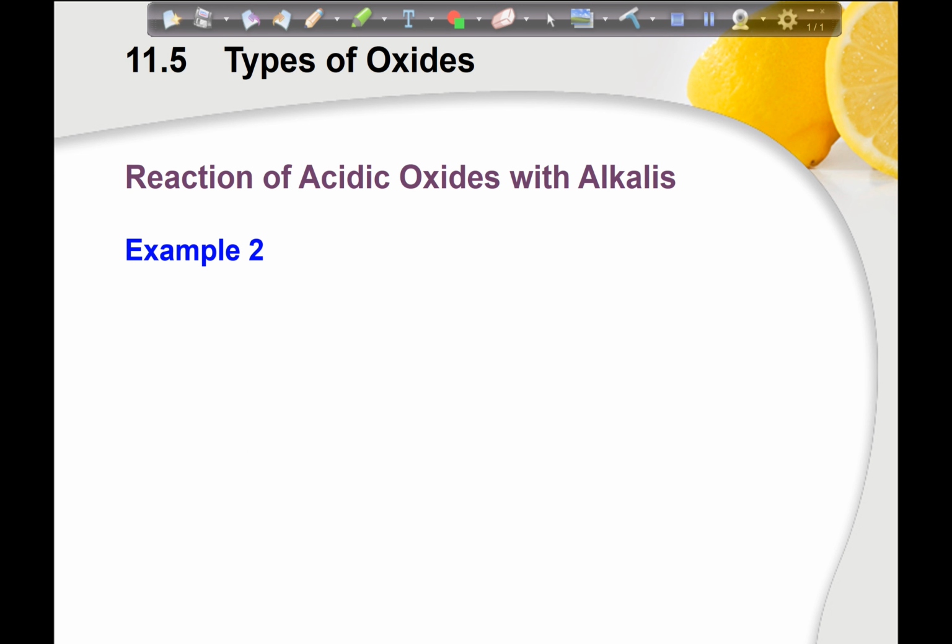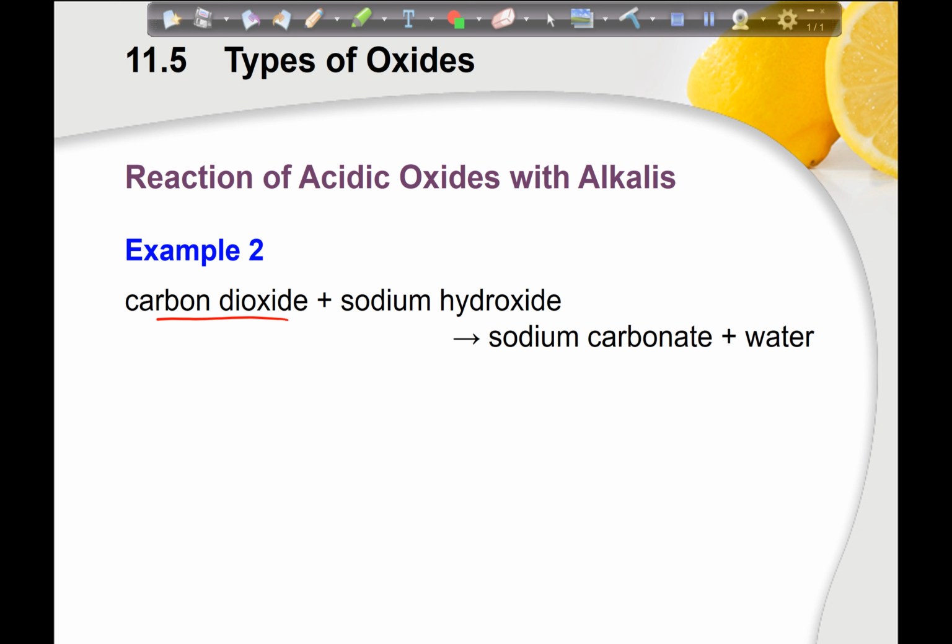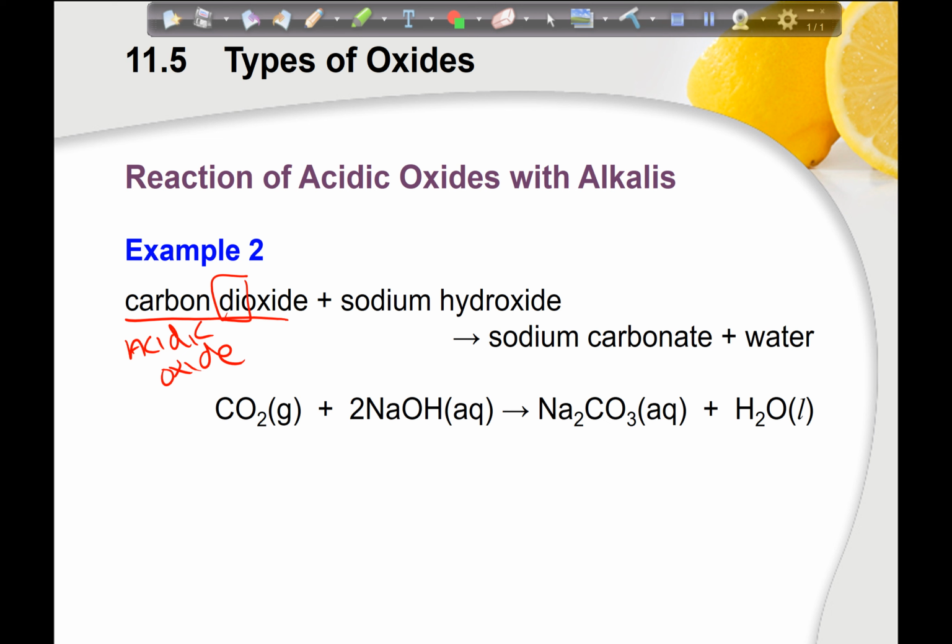Another example is carbon dioxide. This again is an acidic oxide because it has 2 or more oxygen. Dioxide means CO2, and with sodium hydroxide, you get a carbonate and water. So, is silicon(IV) oxide an acidic oxide?